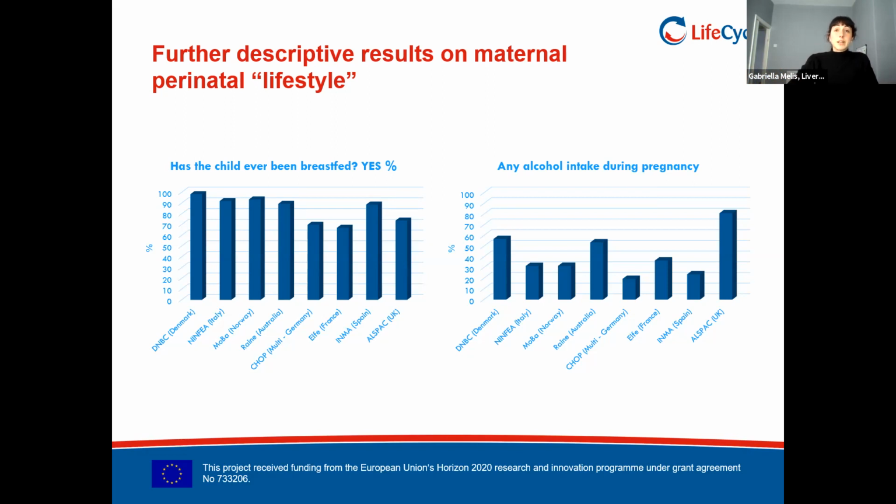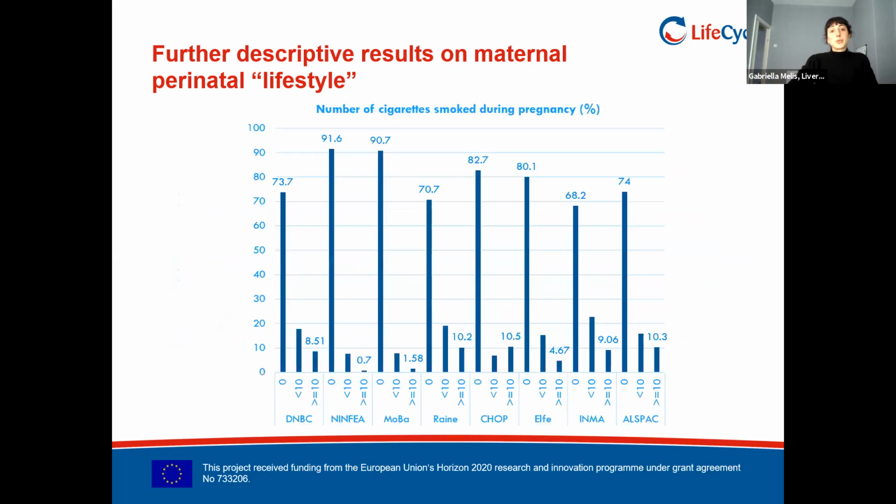As you can see, there are some very interesting differences across cohorts here. And finally, this other graph just shows the prevalence of the number of cigarettes smoked during pregnancy across cohorts. This as well is one of our intervening variables.